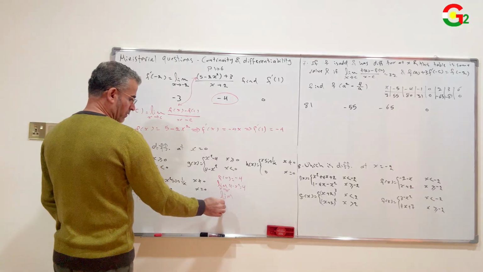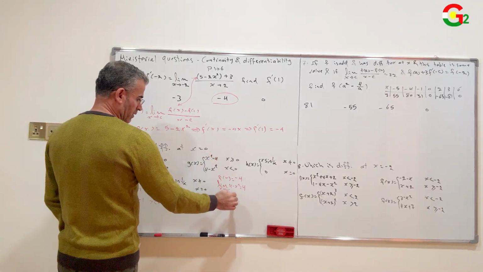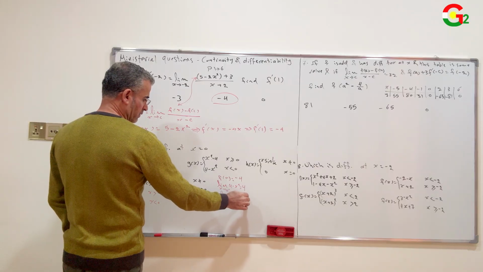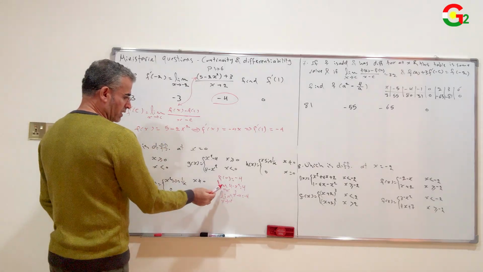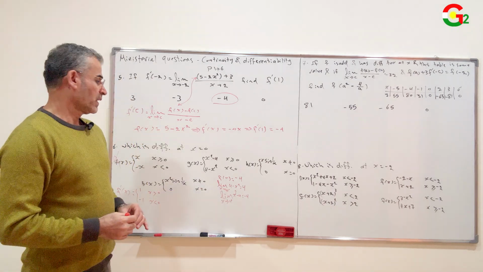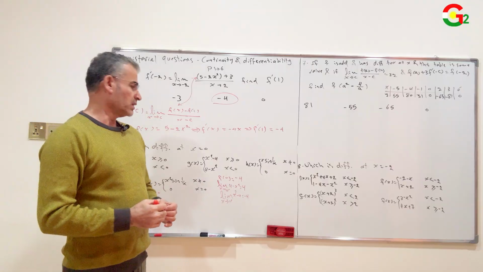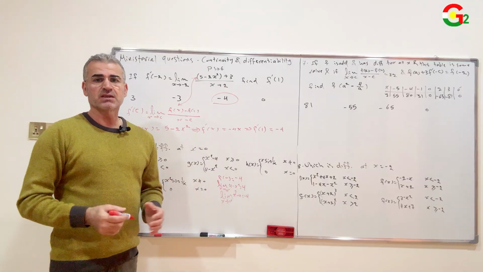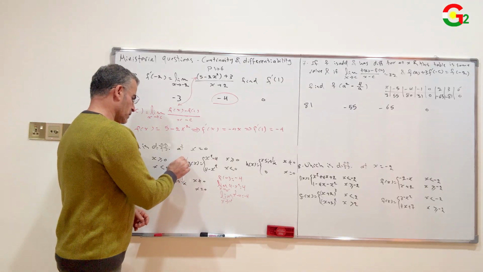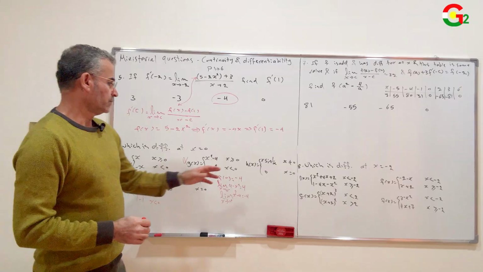And the limit as x approaches 0 from the right, substituting in this segment, x squared minus 4, equals 0 squared minus 4, which is negative 4. Since the limit from the left is not equal to the limit from the right, this function has no limit and therefore it is not continuous. And since it is not continuous, it is absolutely not differentiable at 0.